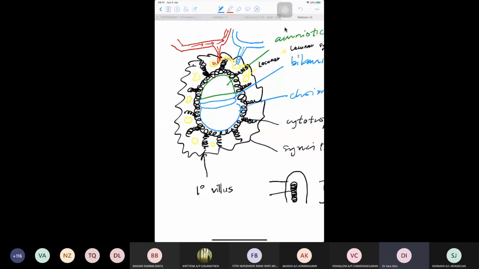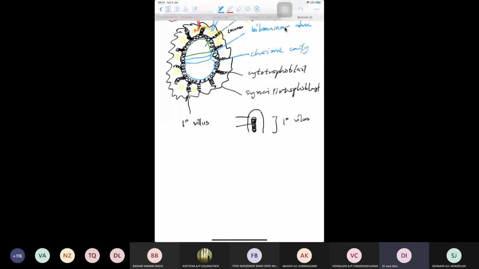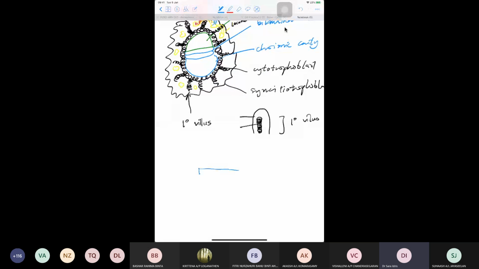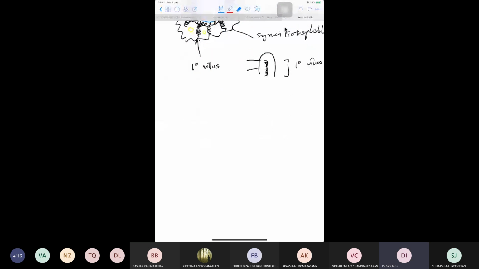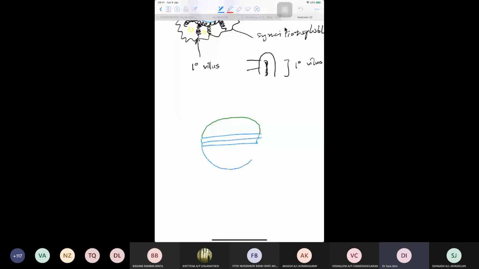All right. Now we're going to move on to further formation of the embryo. So if I just draw this again: bilaminar disc, and then you have the amniotic cavity.